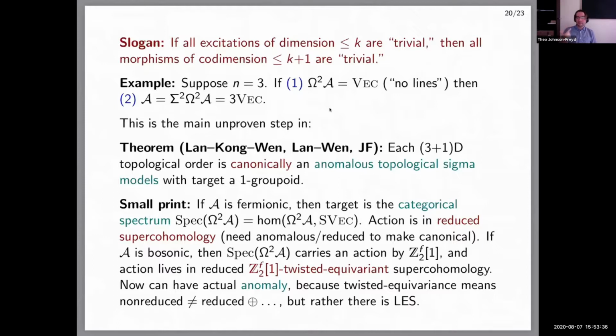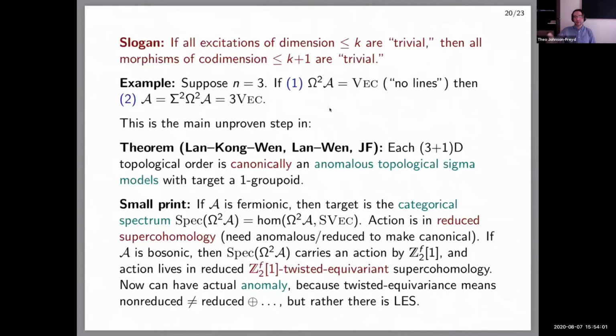So these look like they're supposed to be Z2 gauge theories, except that in a Z2 gauge theory, the electrically charged particle is a boson. And now I'm asking for something like a Z2 gauge theory, except the electrically charged particle is a fermion. And I believe I can prove that there are exactly two of these, one of which is not anomalous and one of which has an anomaly.